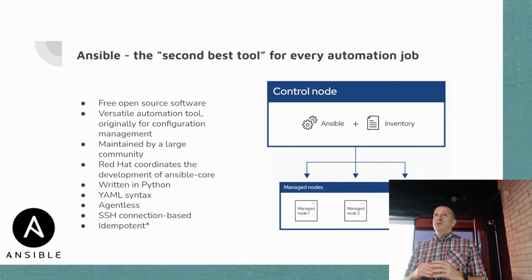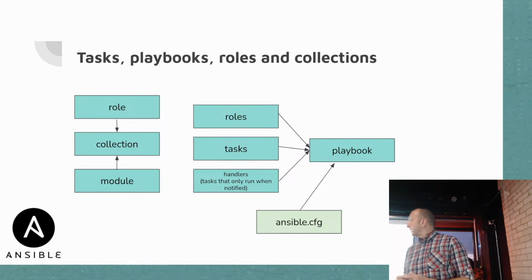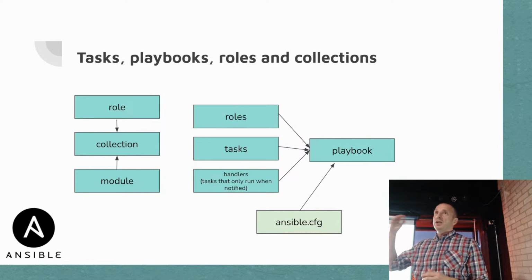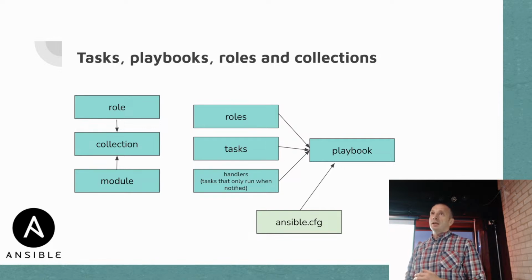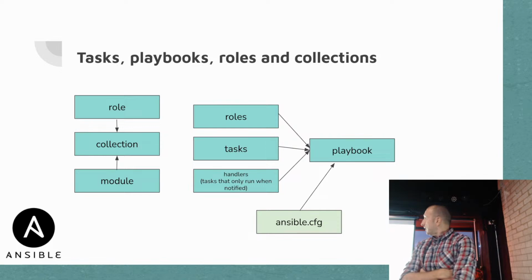You can run modules directly from the command line, but that's quite unusual for actual production use. Basically, a playbook is a sequence of tasks, and you give a procedural sequence of how you want certain things to be executed.